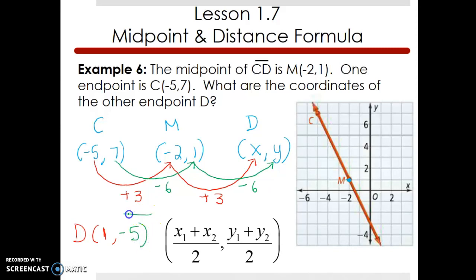So the other endpoint is 1, negative 5. And look at this, 1, negative 5 seems right. Let's look at it. It's going 1, 2, 3, 4, 5, 6 over, 6 up, and 3 over. So 1, 2, 3, 4, 5, 6, and 3 over. Good.